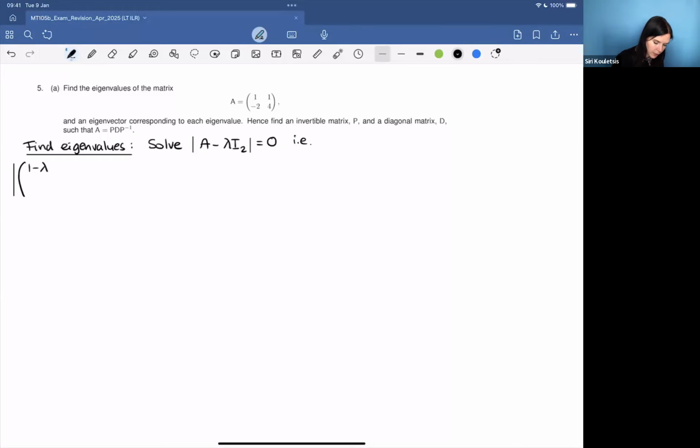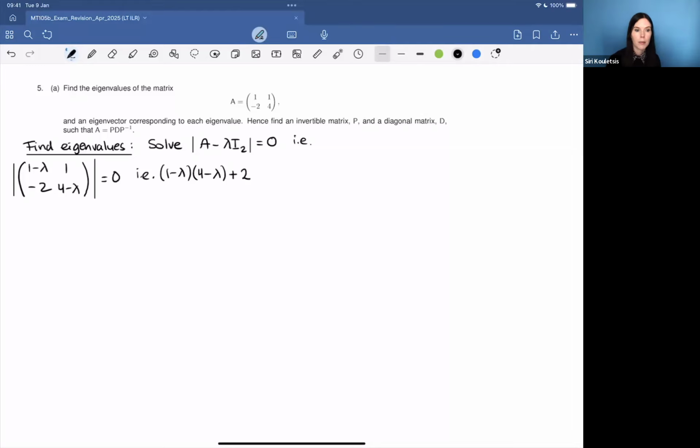So now then we deduct lambda from the diagonal of A, and find the determinant of that matrix. So for a 2 by 2 matrix, that's given by multiplying the diagonal entries minus the product of the off-diagonal entries.